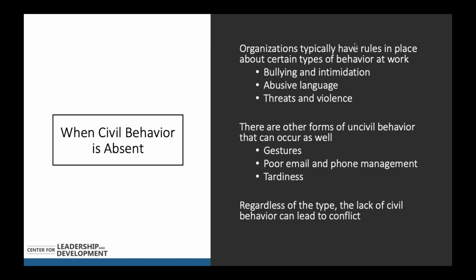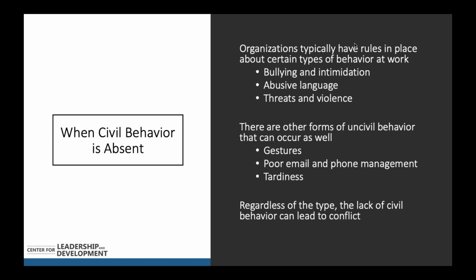Typically organizations have some rules in place about behavior at work. These rules might be codified or they might just be understood, part of the underlying culture. Rules about bullying and intimidation. There are some legal issues around this as well. Abusive language: how tolerated is abusive language in the workplace?